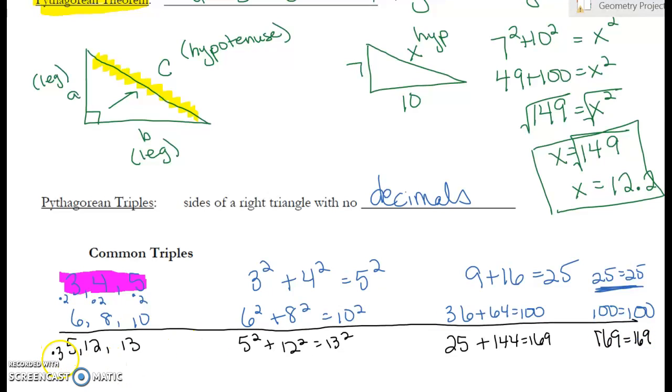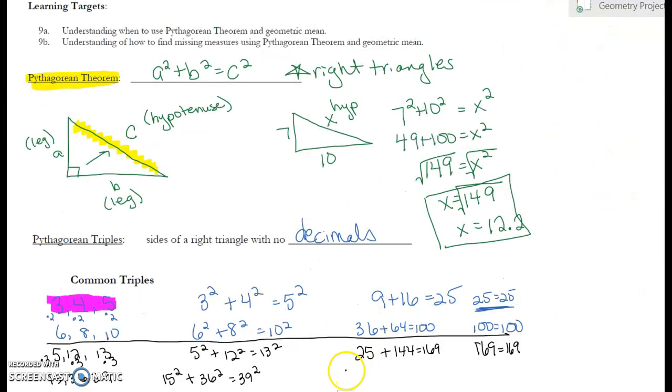So if I decided to multiply each of these by 3, so I get 15, 36, and 39, it actually works also. So I don't know these numbers squared, so I'm going to get my calculator real quick. I know 15 squared is 225. Oops, didn't mean to make that smaller.